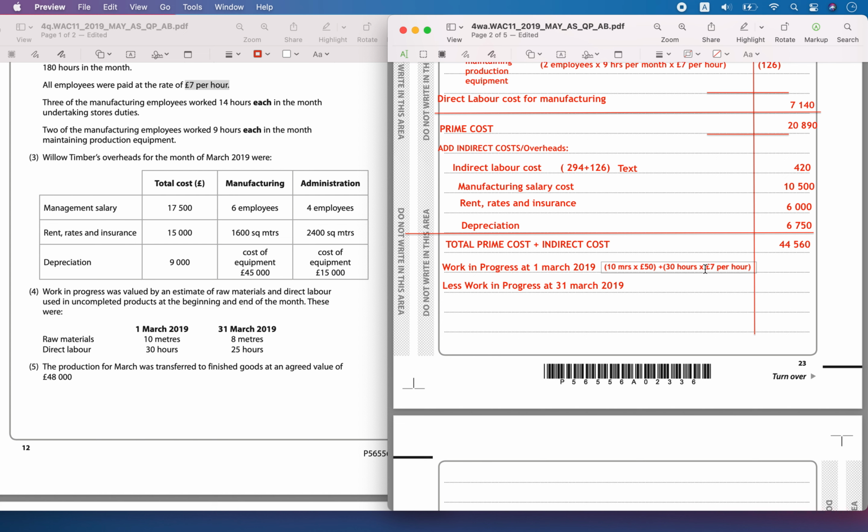So the value is going to be equal to 710.